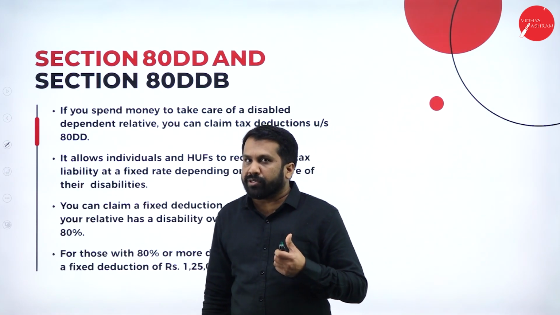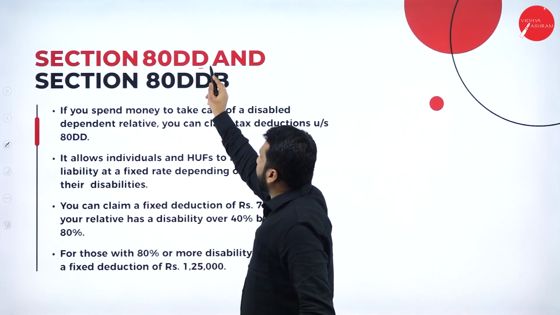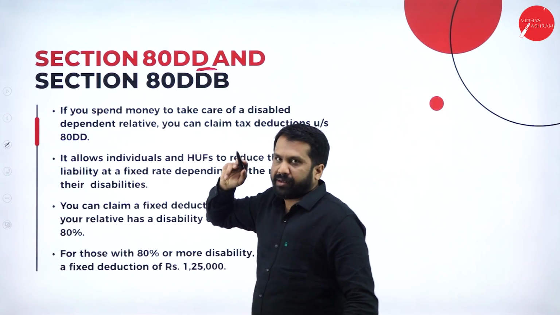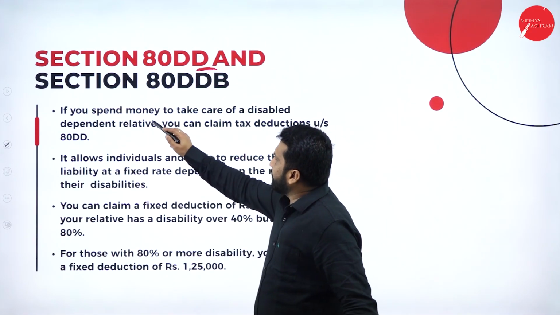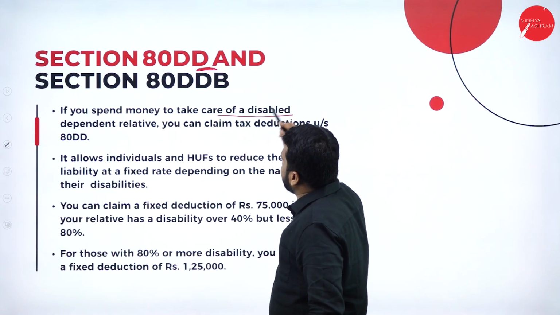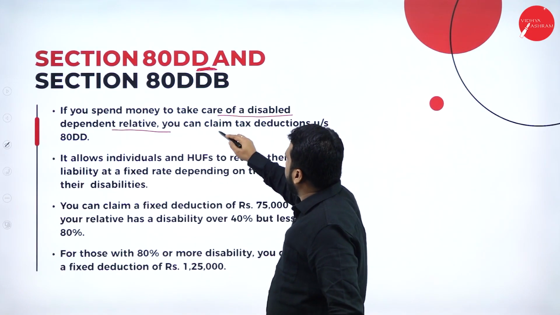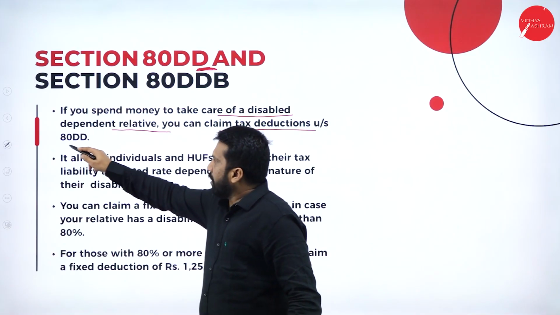Again, D stands for what? Doctor, but dependent. Remember, dependent. Clear? Now, if you spend money to take care of a disabled dependent relative, you can claim tax deduction under 80DD.